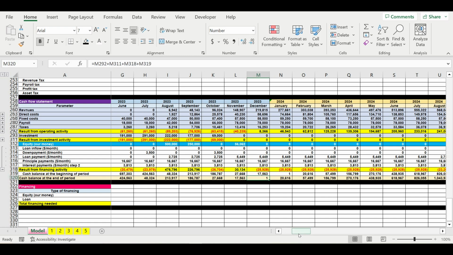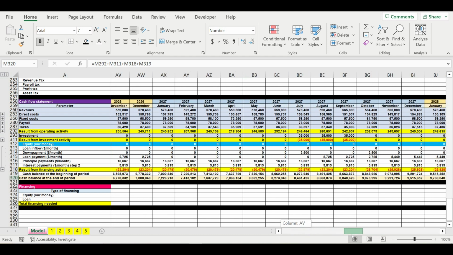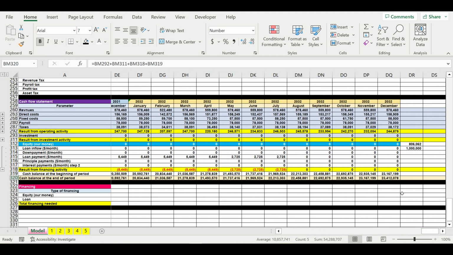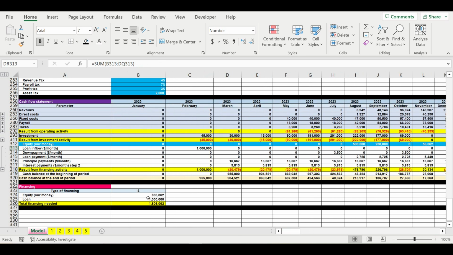So now here we can look forward, and we don't see negative values here. This means that we don't have cash gaps. So this is the amount of our money from the pocket that we need. This is the loan amount. All these numbers are running here, and this is the total amount of financing that we need.